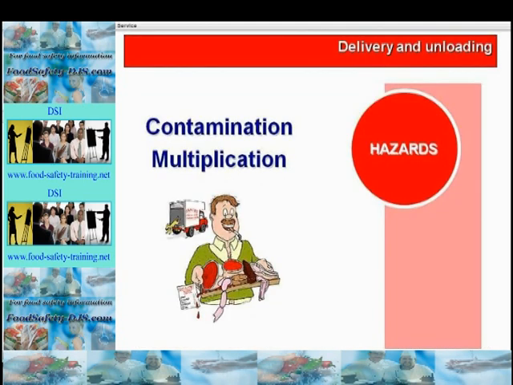Let's start with delivery and unloading. Under Regulation EU 852/2004, contaminated or decomposed raw material which would remain unfit after normal sorting and hygienic preparation must be rejected. The hazards: contamination by microbiological, physical, chemical and allergenic means, and multiplication.